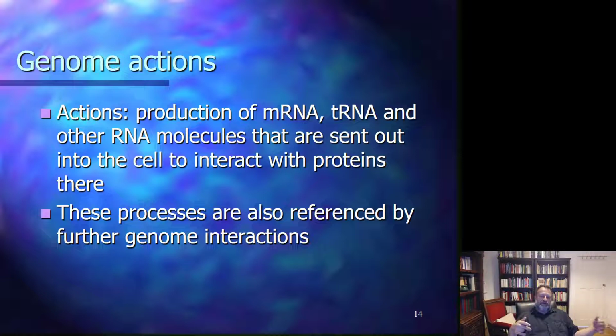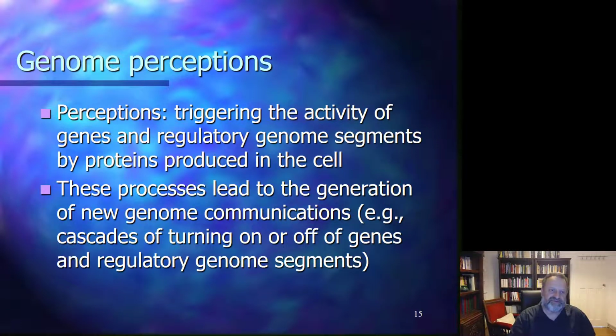These are mRNAs, tRNAs, rRNAs, and a few other kinds of RNA molecules, which are active outside of the nucleus. And ultimately, these produce or support the production of the proteins within the cell. Now, the production of these molecules is of course referenced inside of the genome by further molecular interactions within the genome. But they deliver impacts on the environment of the genome within the cell.